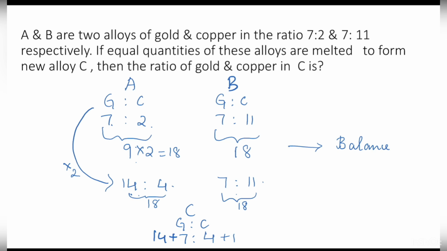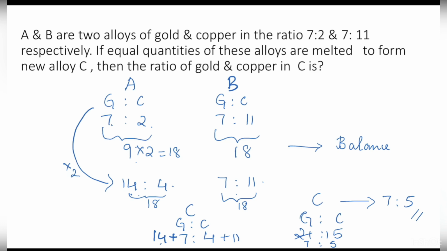So therefore in C, gold and copper are in the ratio 14 plus 7 is 21:15. Sorry, this is 11, 15. So again we can cancel, 3 7s are 21, 3 5s are 15. Therefore it is in the ratio 7:5. Okay. So by the balancing method, we can solve this problem in just a few seconds.